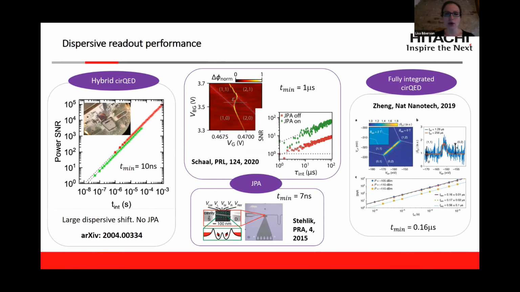For example, Simon Charles, who I mentioned earlier from UCL, who used a JPA to lower the noise floor of his measurement, obtained a T-min of 1 microsecond. And TU Delft, in their fully integrated system, observed a T-min of 160 nanoseconds. So what we find is that our hybrid system obtains the shortest T-min of any silicon system, and it's comparable with the best ever semiconductor system, which was a T-min of 7 nanoseconds obtained in an indium arsenide system.